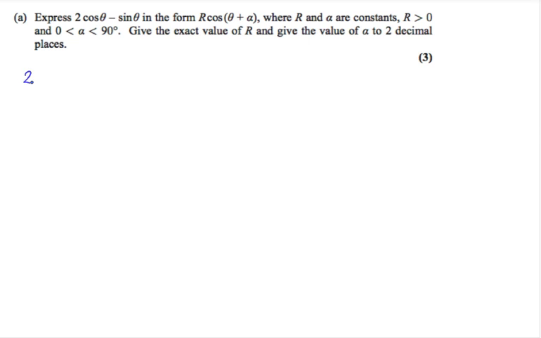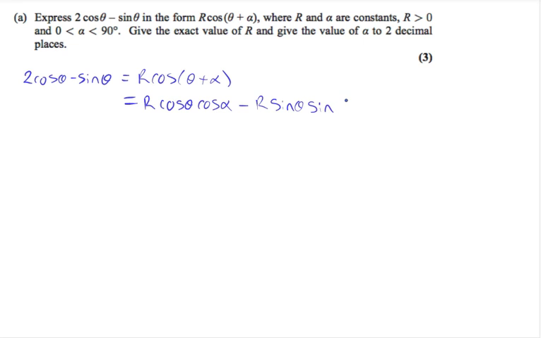So we need to express 2 cos theta minus sine theta in the form of r cos(theta plus alpha). We are given the addition formula in the formula booklet, so we can use this to write r cos(theta plus alpha) as r cos theta cos alpha minus r sine theta sine alpha.